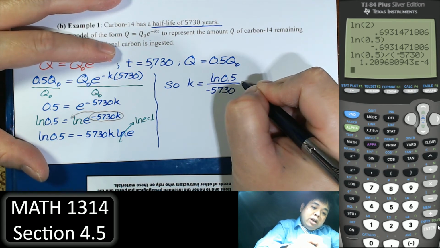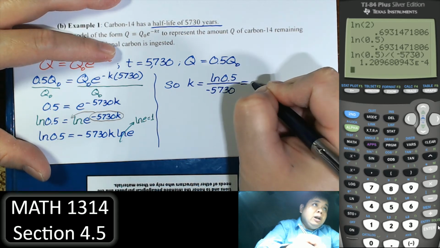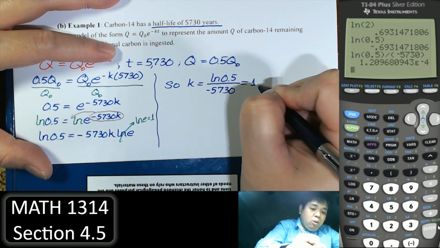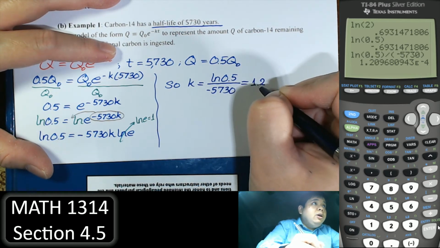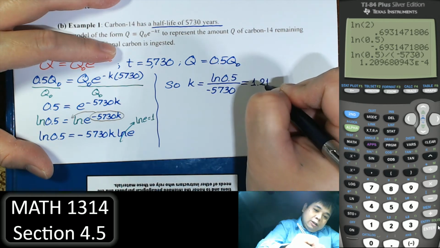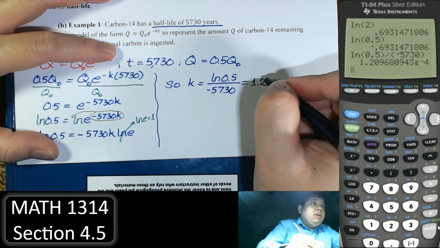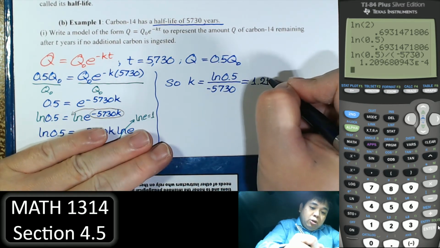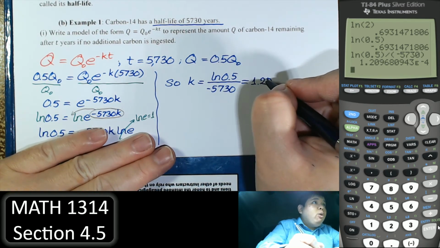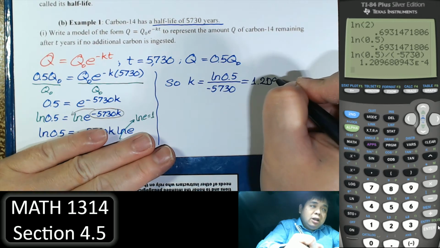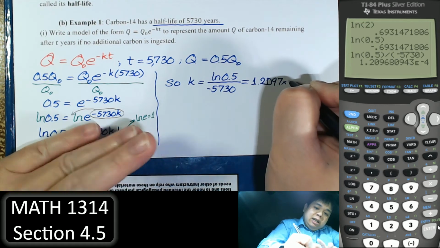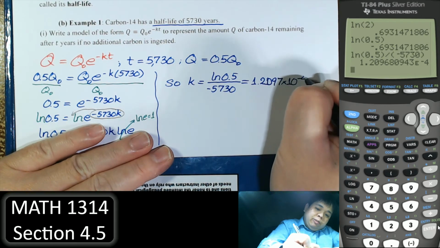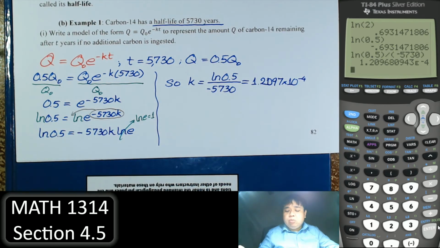So just go ahead and write 1.2097. Of course, the calculator keeps track of the numbers, but I'm just going to say 4 decimal places, 1.2097 times 10 to the negative 4. The E means times 10 to the negative 4. So that is a very small number.